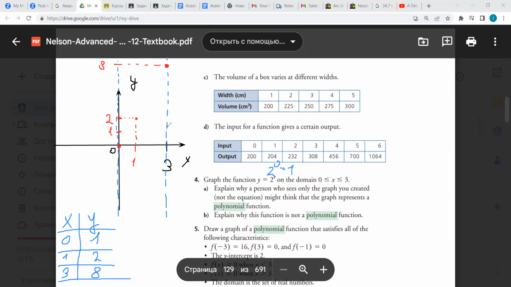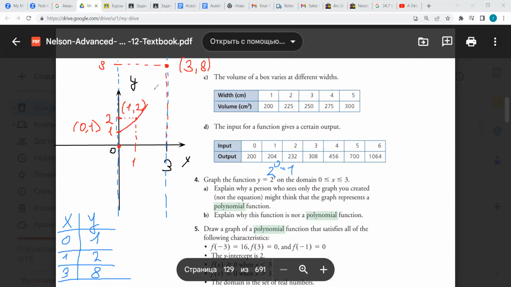And now look, we have our 3 points, and let's join them with a nice smooth curve. So starting from point 0, 1, right? This is the point 0, 1. Here we're going to have the point 1, 2, 1 for x value and 2 for y value. And remember, this is an ordered pair. This is supposed to be denoted in this exact order, x and y. And the third point is 3 and 8.